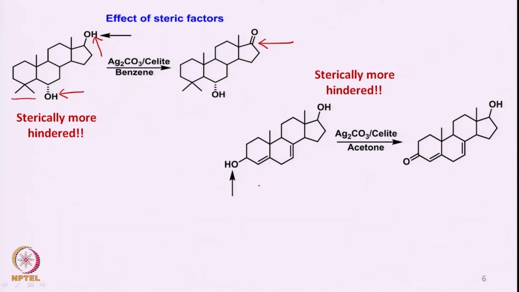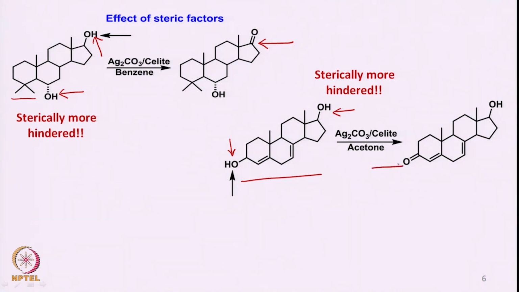On the other hand, if one takes a steroid molecule like this which has two different hydroxy groups, one is this hydroxy group here, the other is this hydroxy group. Now relatively this hydroxy group here is less sterically hindered compared to this hydroxy group because this is away from the body of the ring system, whereas this is very close to the methyl group here.